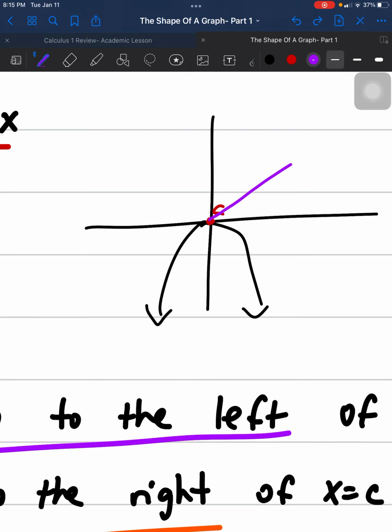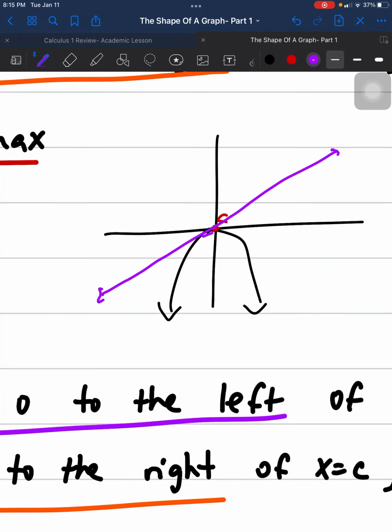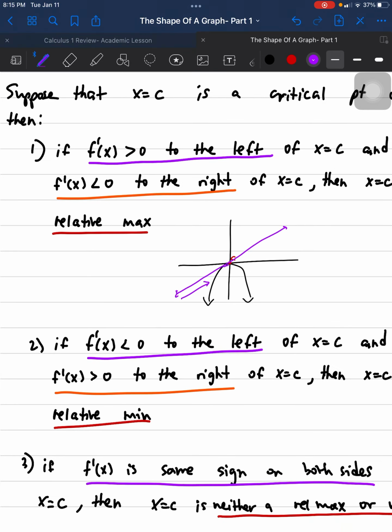And if we wanted to, we could draw the tangent line, or the derivative of the function, and it would just be a straight line. This is the line of 2x, and you see that the function is increasing on the left side.